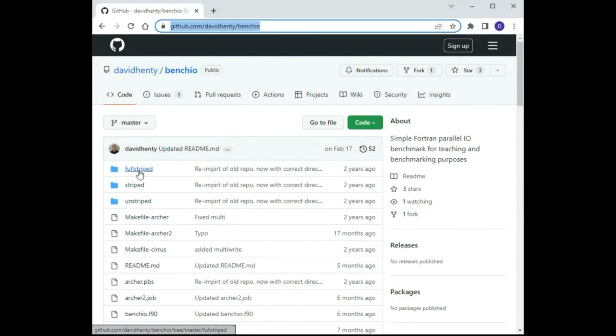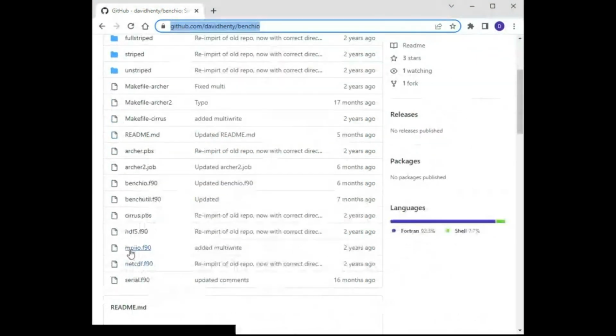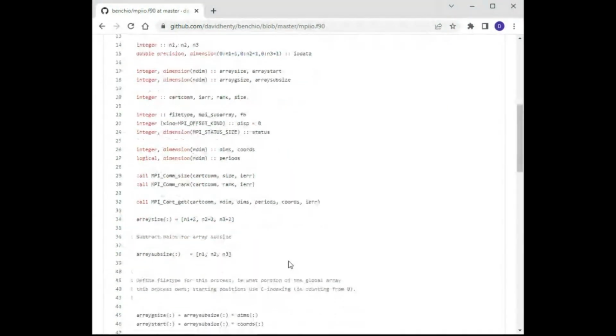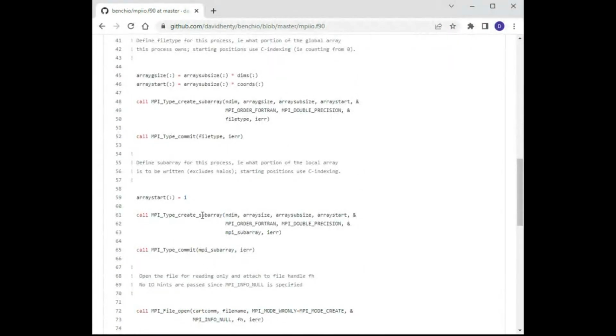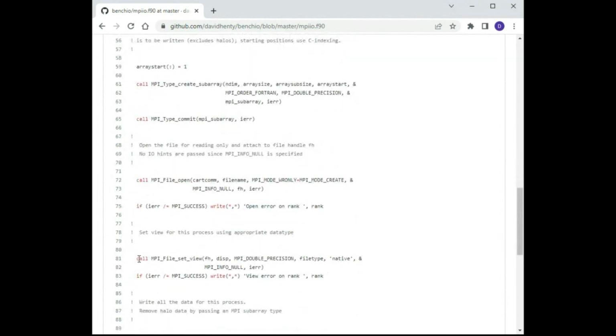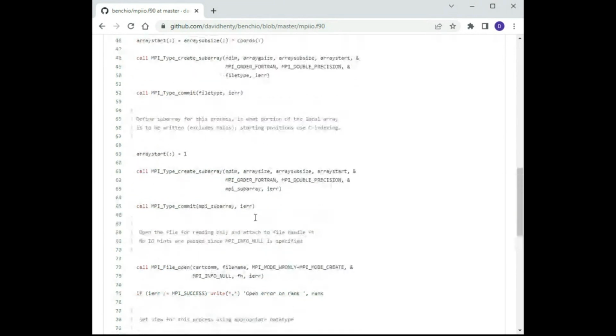So this code's very simple, but if you look at MPI-IO, what it does is it uses MPI file set view, where it uses the file type, and the file type is basically this one here. The file type is a 3D subarray.